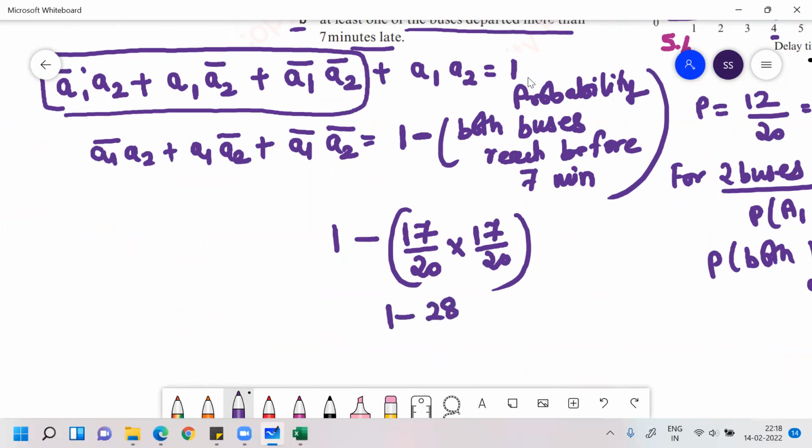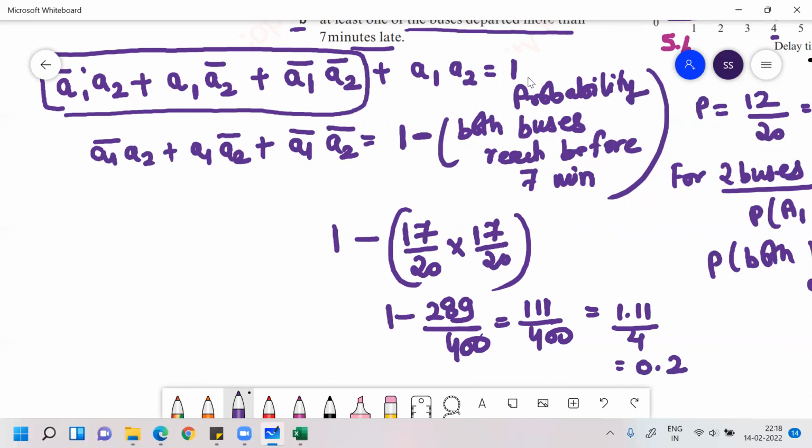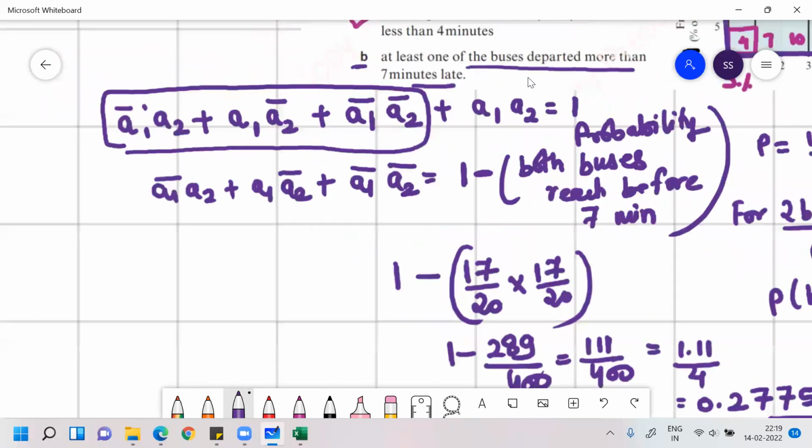So 1 minus 289 by 400, which will be 111 by 400, if I'm not wrong. That is 0.2775.